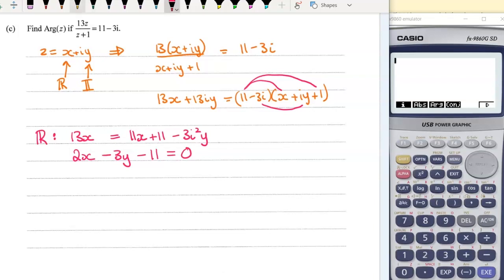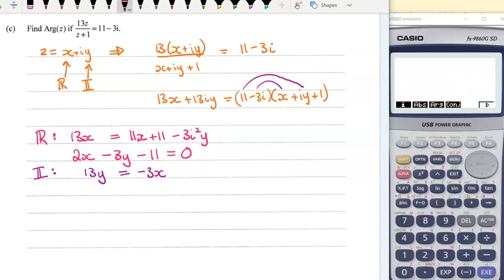Okay, now consider the imaginary parts. So for the imaginary bits, on the left we've got 13y from this piece just here. And on the right, we can make imaginary parts from this. So this would be minus 3i times x. So the coefficient there would be a minus 3x. We can make an imaginary from this bit.